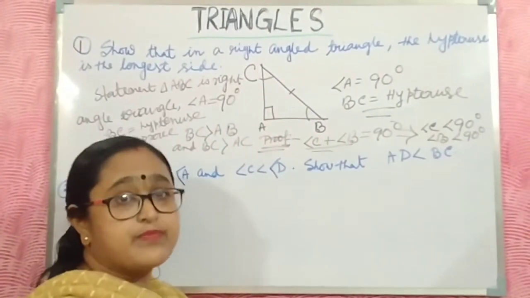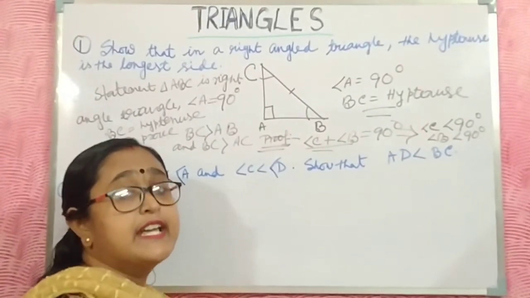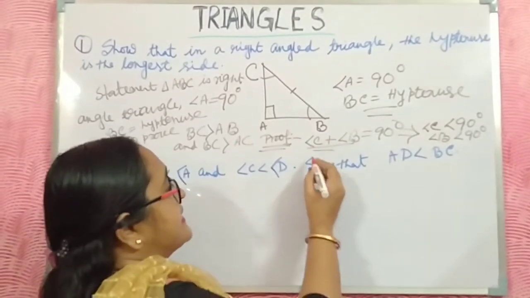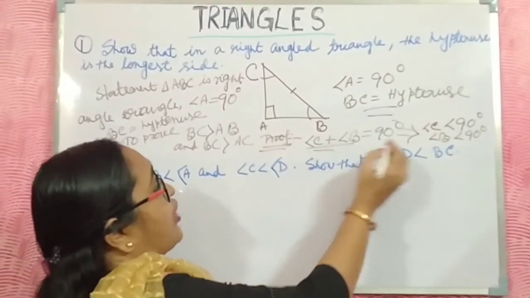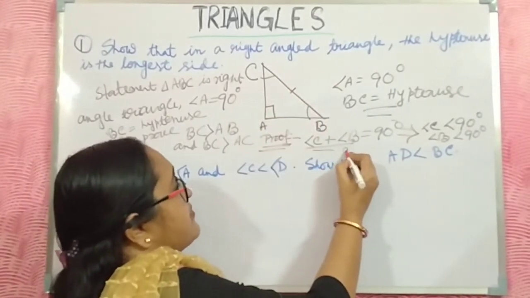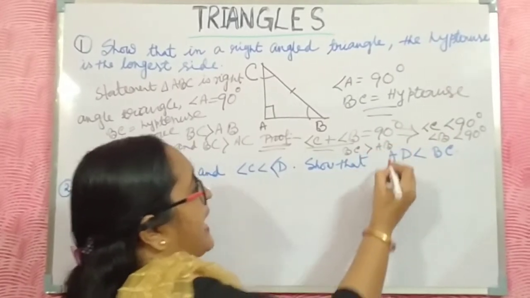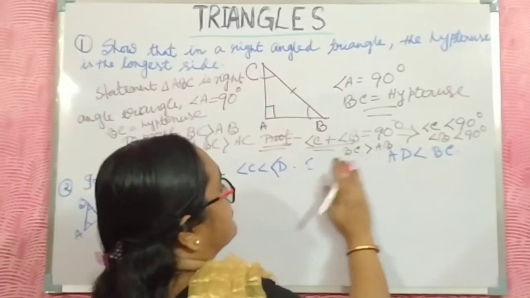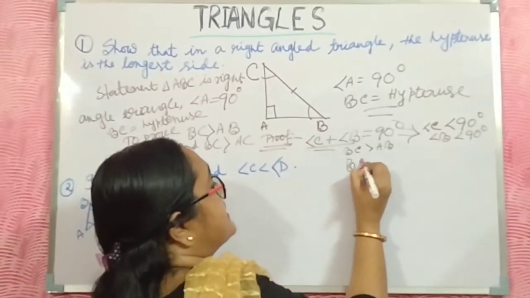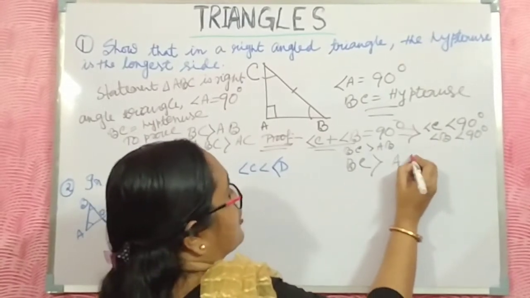By this part and by the previous theorem, the opposite sides of this triangle, that means BC must be greater than AB, and BC must be greater than AC also.